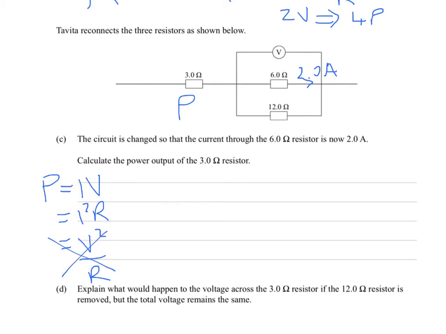Because if we know the current through the 6 ohm, which is being given to us as 2 amps, very poorly drawn, my apologies, plus the current through the 12 ohm, because it's double the resistance, it should be half the current. So we know there's 1.0 amp through here. That means the combined current going through the 3 ohm is 3.0 amps, because we've split into 2 and then 1 down this way. Okay.